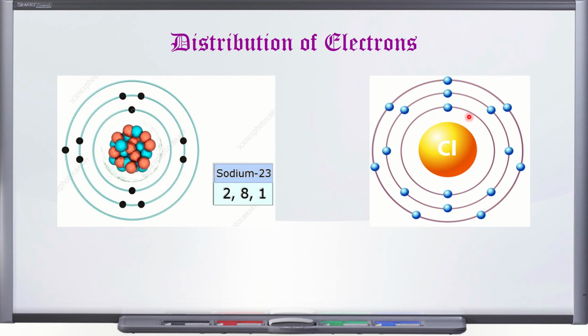Look, in the first shell there are 2 electrons, and in the second shell there are no pairs; the electrons are distributed separately. There are 8 electrons in the second shell, and in the third shell there are 7 electrons. This is the electronic configuration of chlorine in diagram.